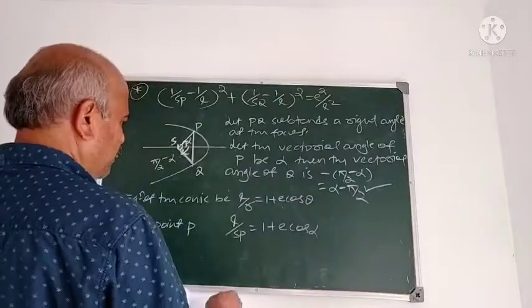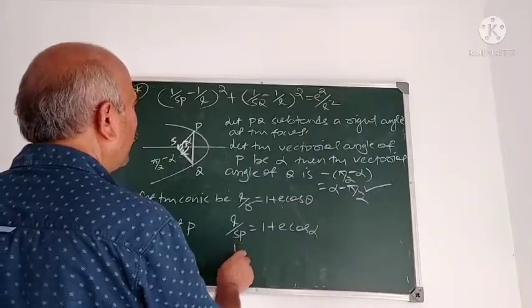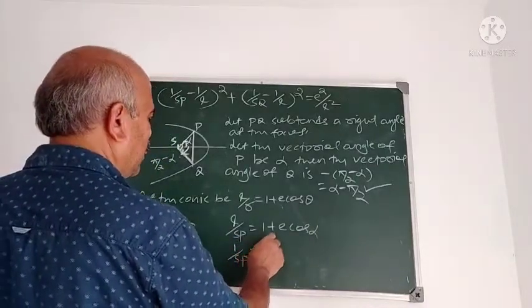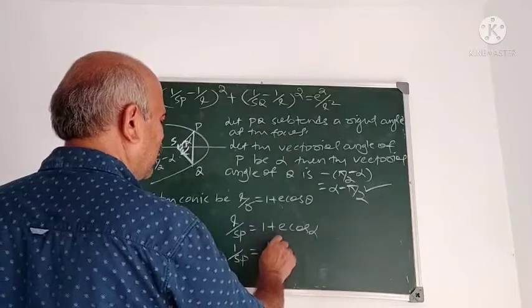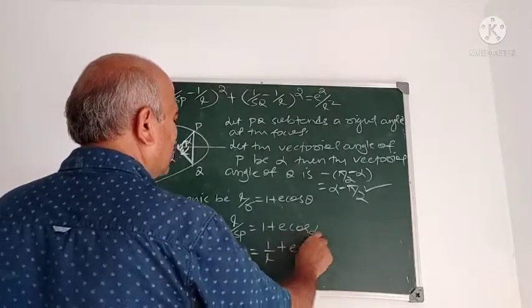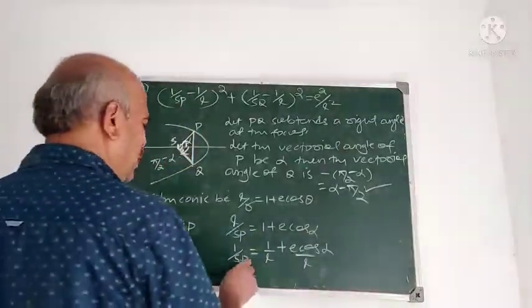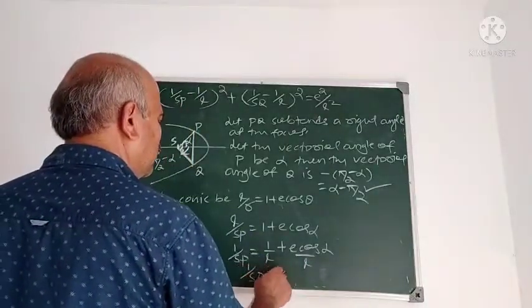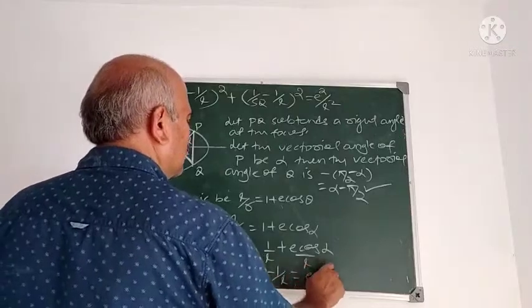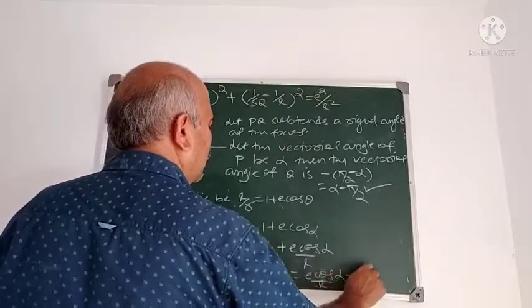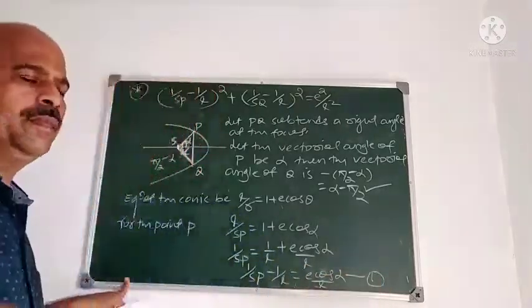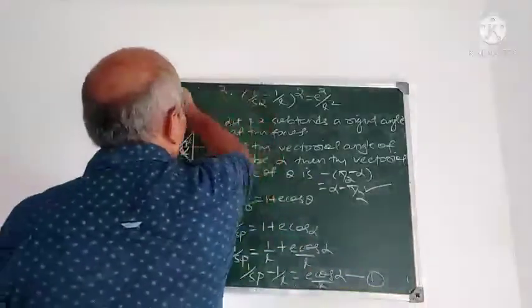Therefore, 1 upon SP is 1 upon L plus E cos alpha upon L. Correct? So 1 upon SP minus 1 upon L is E cos alpha upon L. Take this as 1.